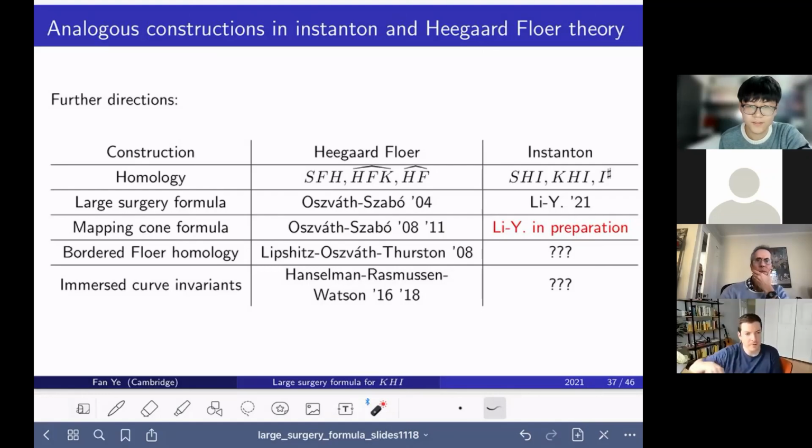So do you expect the mapping cone formula to be a route to showing that I sharp of a surgery on a knot is isomorphic to H hat of a surgery on a knot? Yeah, let's see.